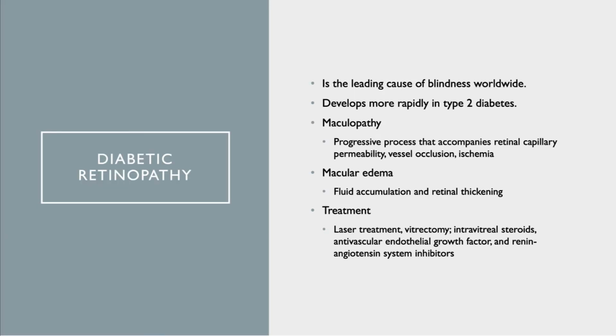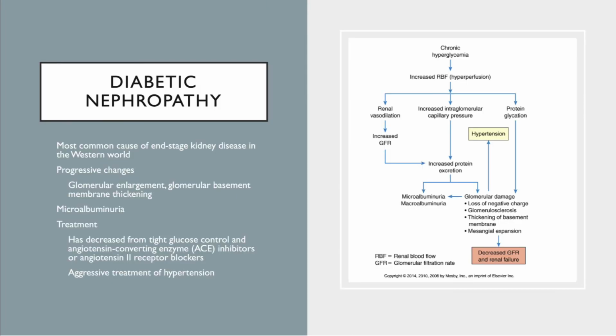One of those is retinopathy. It's the leading cause of blindness. Make sure that patients get an annual eye check, I recommend from ophthalmology, but I'll leave that up to you to decide.